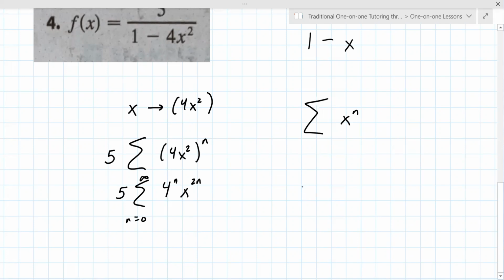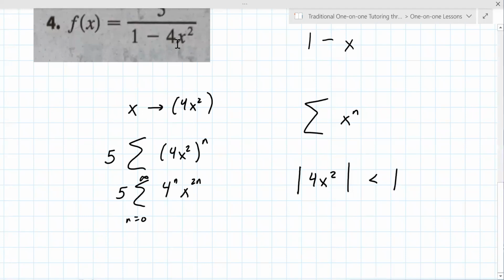So it's the absolute value now of 4x squared less than 1. Okay. So basically you just take whatever you're doing to the x and apply it.